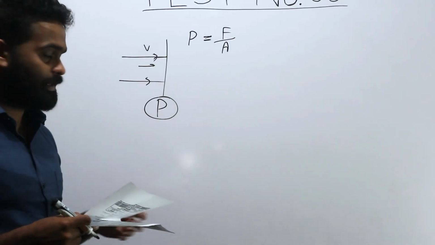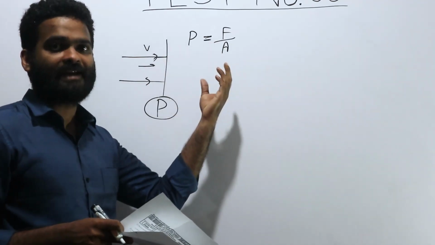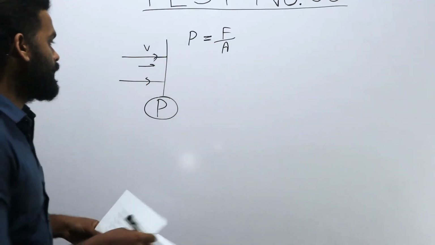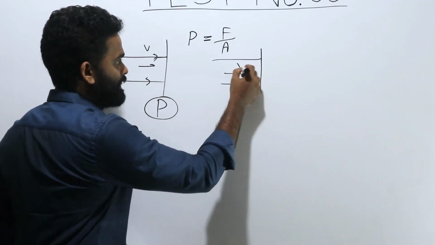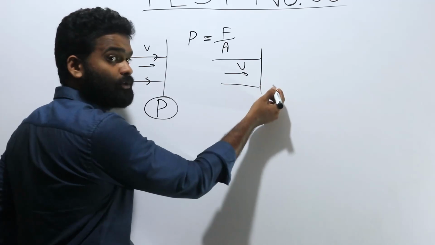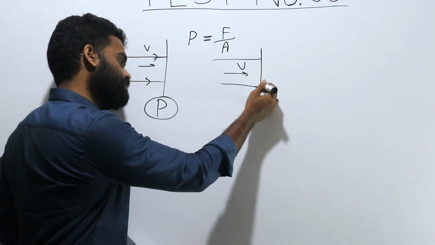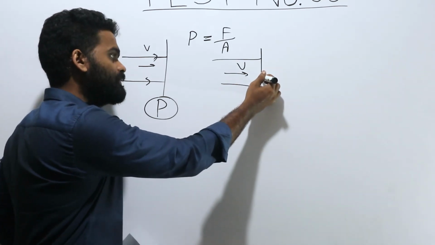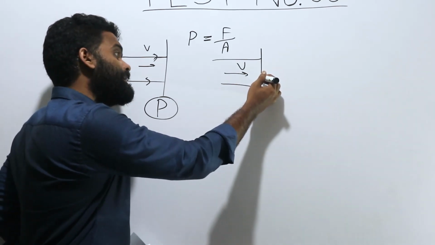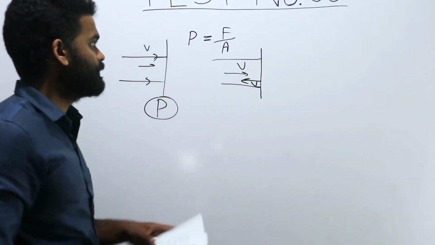Then they say, if the fluid jumps off the wall at V, so that's the second case. It hits the wall at V and it doesn't stop. The velocity of the fluid after hitting the wall does not become 0. It becomes V and it bounces off.